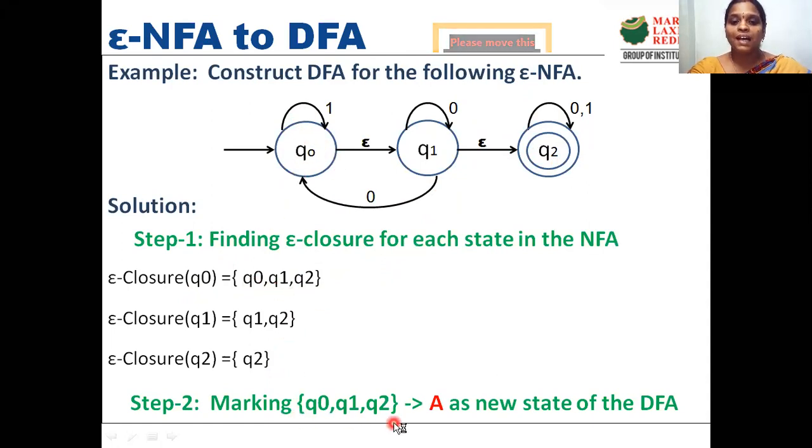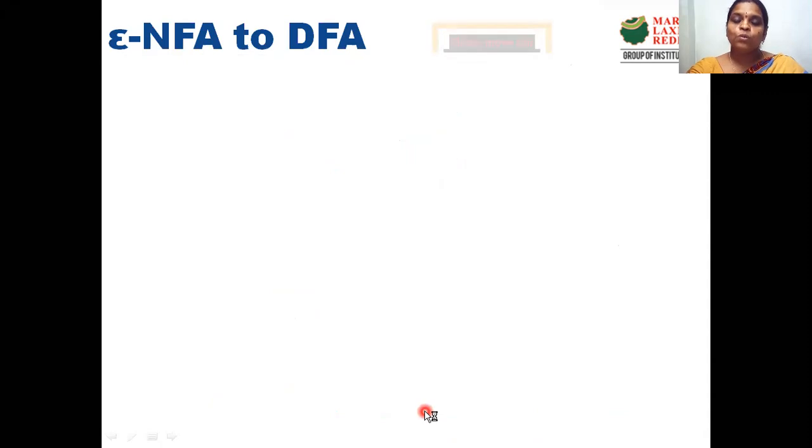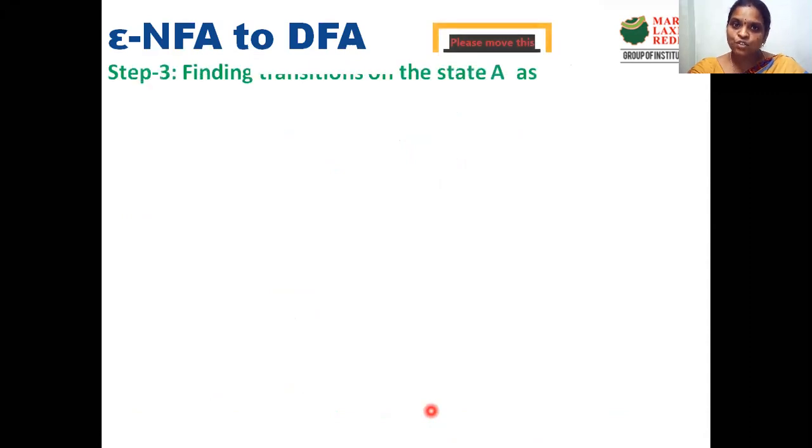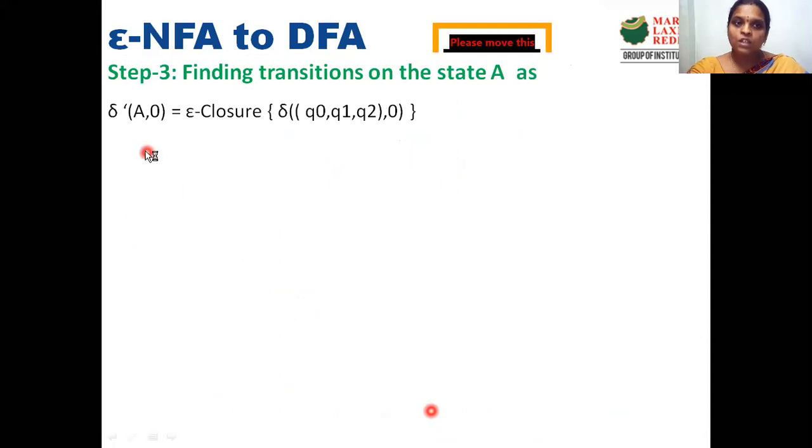This is made the new state of the DFA, which we label as A. After that, we have to find transitions on state A for the input symbols 0 and 1. We compute delta dash, the extended transition.